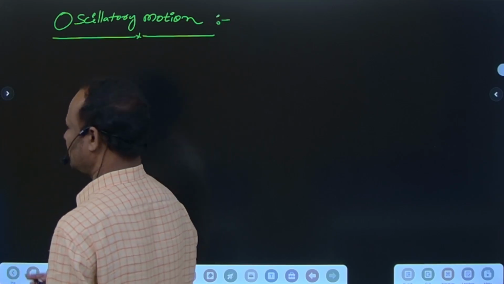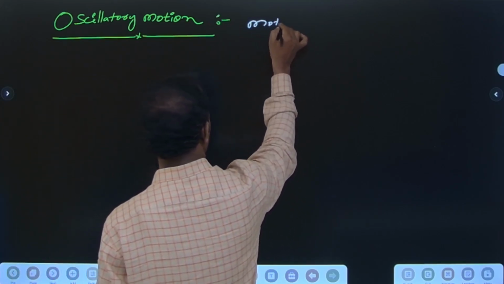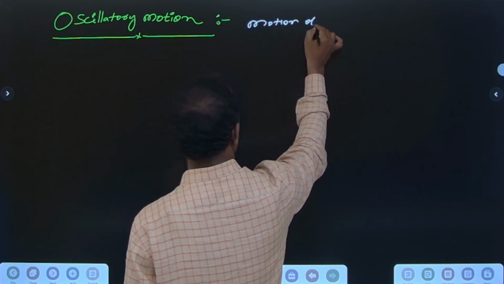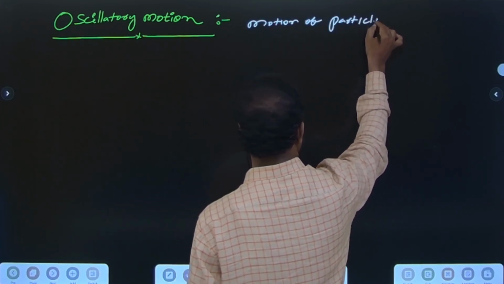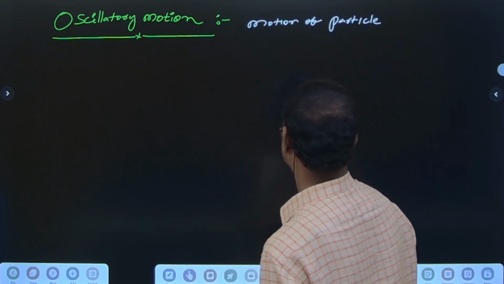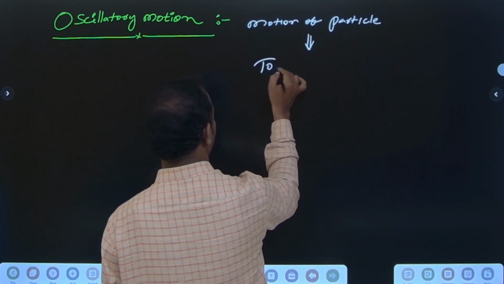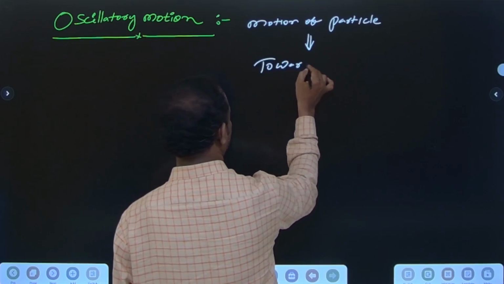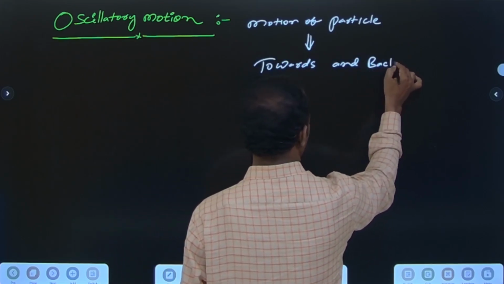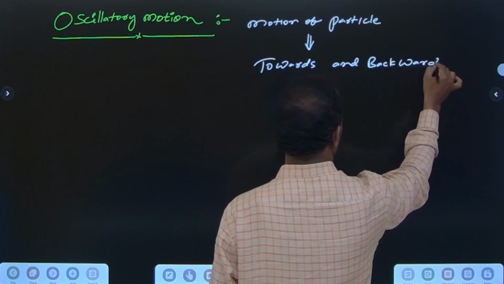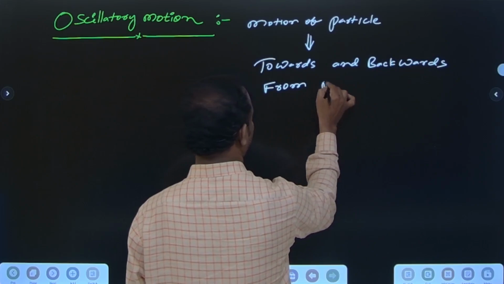Oscillatory motion is the motion of the particle towards and backwards from the mean position.